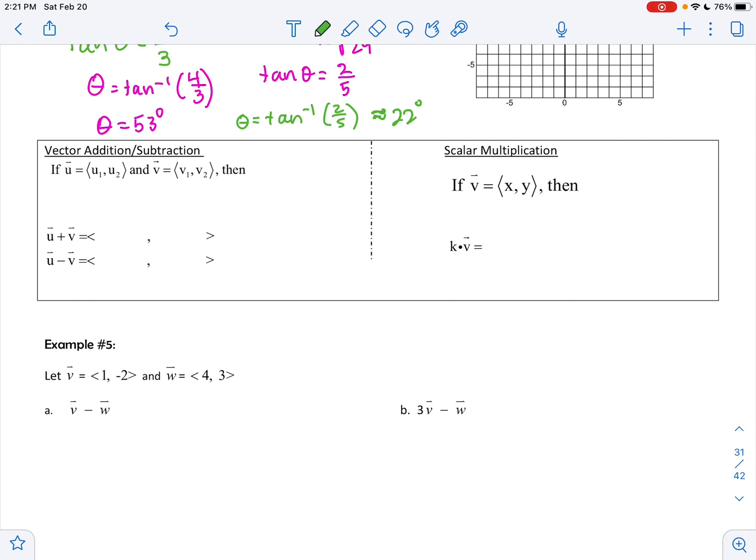So the nice thing is that when it's already in component form, it's really easy to do. You take the components that make up the x and you add them. So basically add the x components, so u1 plus v1, and then you would add the y components, so u2 plus v2. And the same thing would happen if you wanted the resultant vector to see what happens if one went in one direction and the other one went in the other, like it reversed direction.